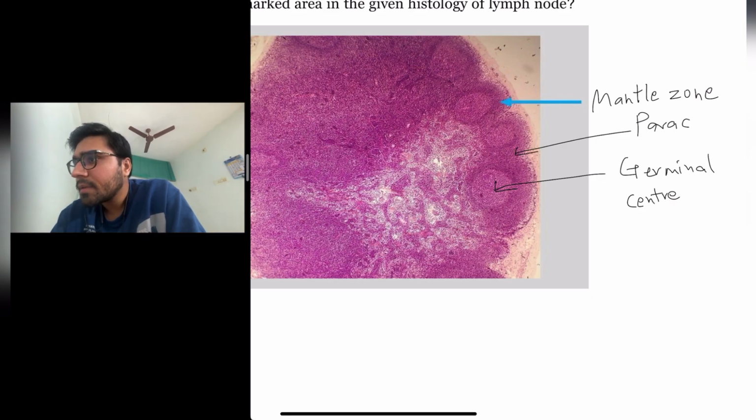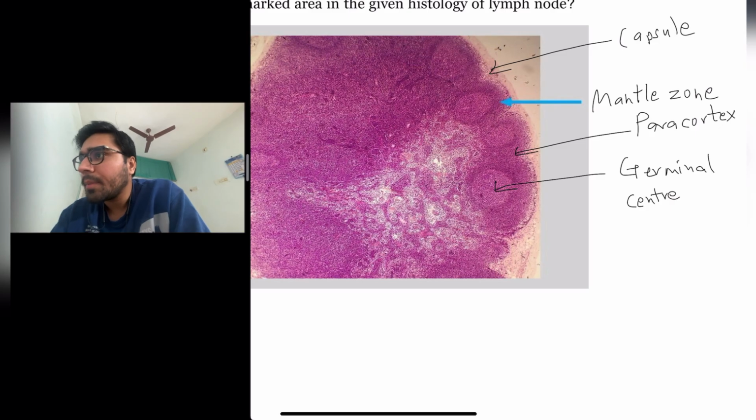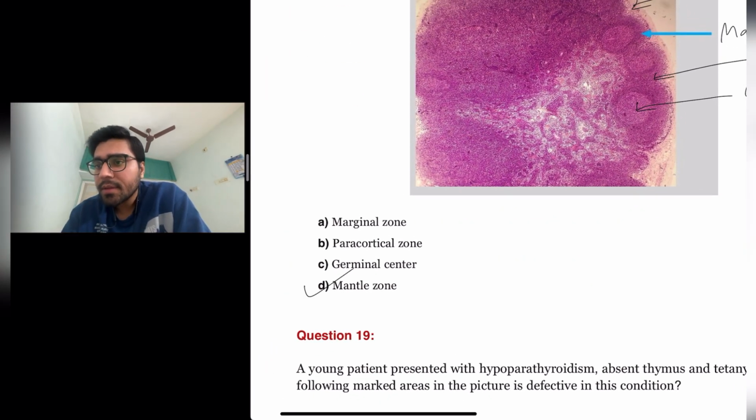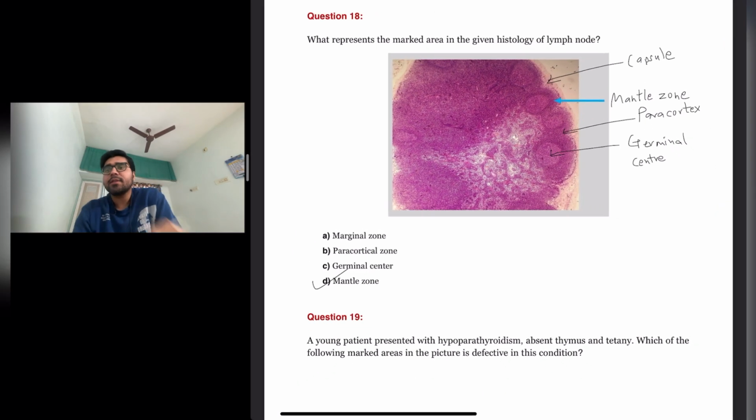This one is the paracortex. And this one is the capsule. So the answer is D, because this labeled structure is the mantle zone.